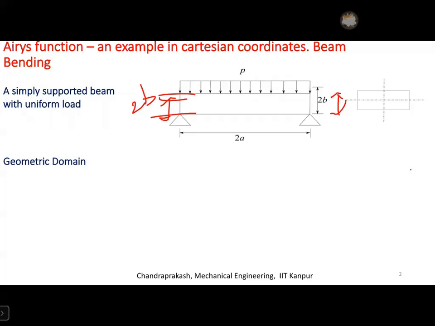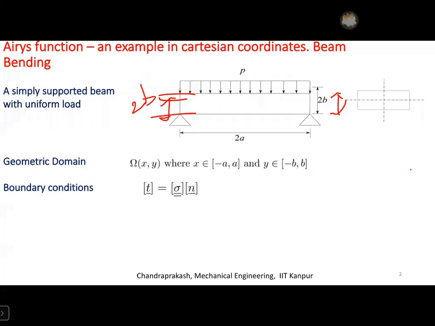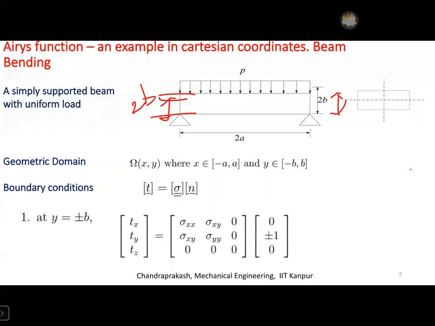And then we said, okay, mine is a rectangular three-dimensional domain, right? And then we set the boundary conditions. We started from Cauchy's traction. On the top and the bottom surfaces, the normal was either plus or minus 1. And you know the corresponding relevant stress components.